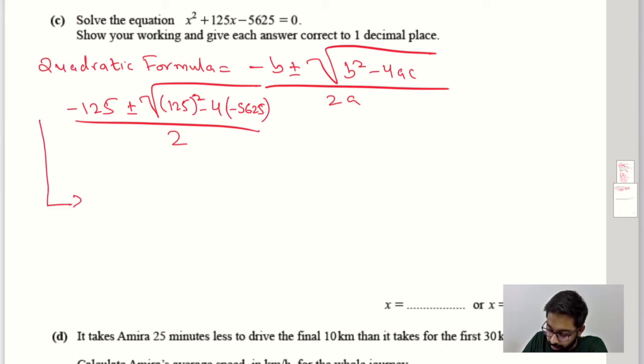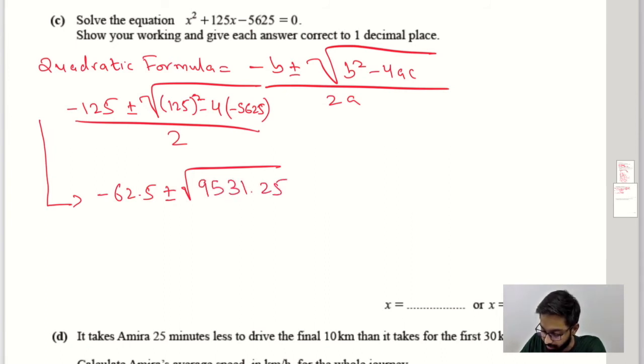I get negative 62.5, because I'm removing the denominator, so this is what I'm left with, negative 62.5 plus minus, and inside the bracket you have 9531.25.